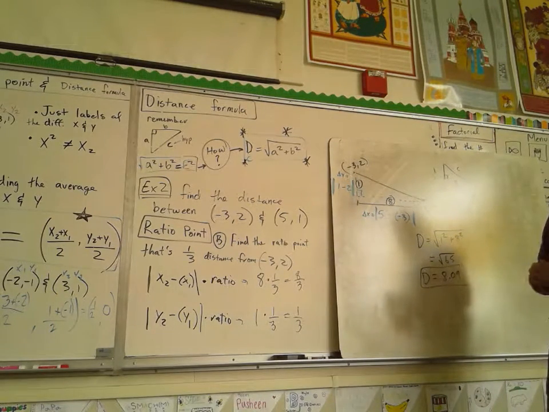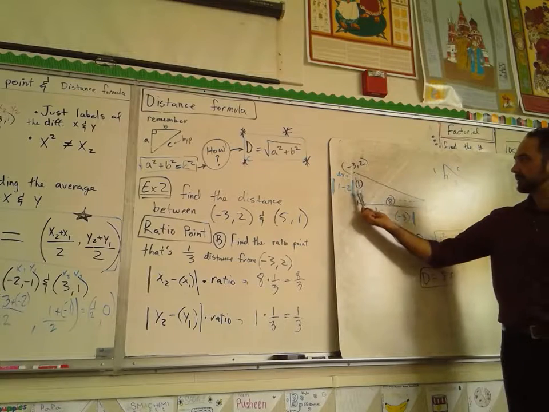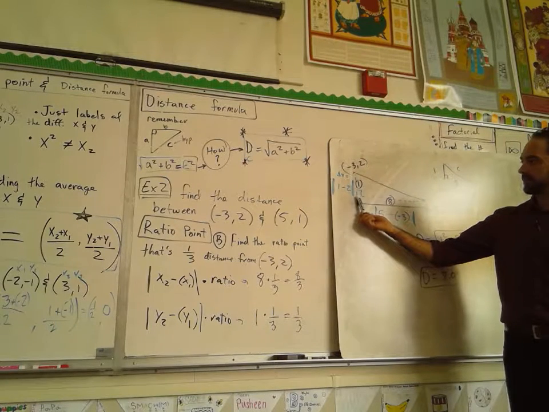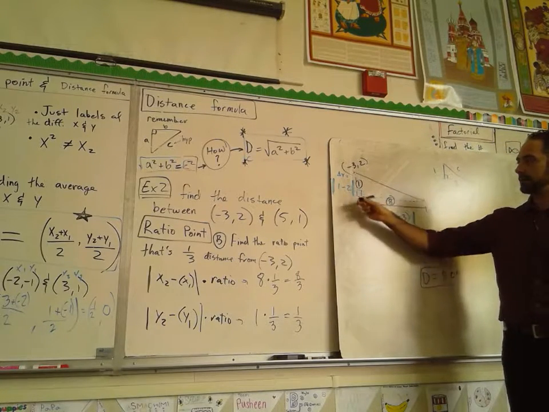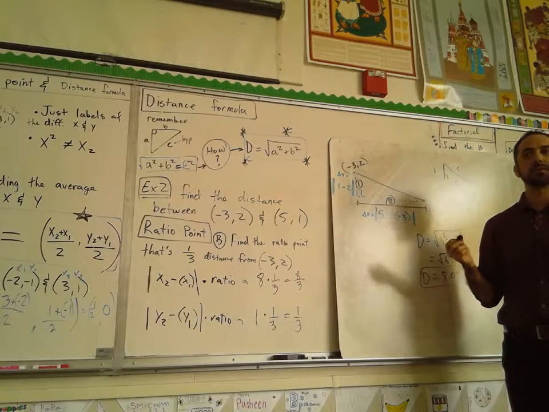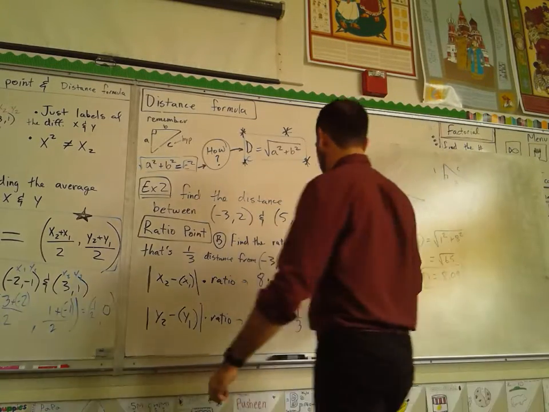I'm going to take my x values here. It starts at negative 3, and I need to move 8/3 this way. 8/3 is approximately 2.6.